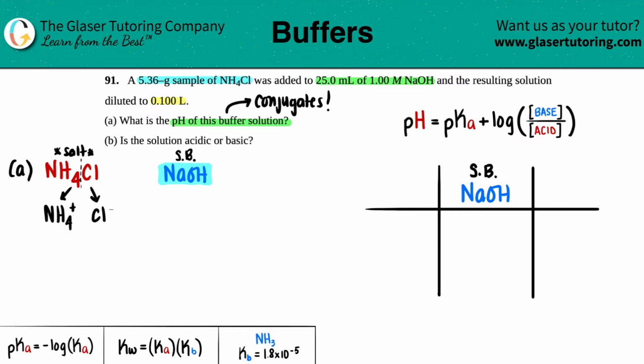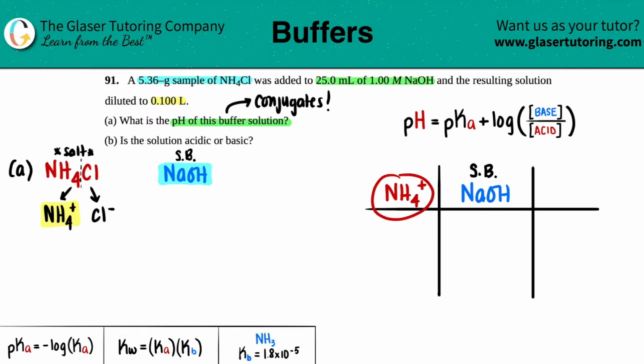Which one has the acidic property? Remember, bases only react with acids, so which one out of these two is going to be the acid? It's going to be the NH4+. I see that I have a positive up here, right? So that has to be an acidic component, and this has hydrogens. So checks out. So I'm only going to care about the NH4+.